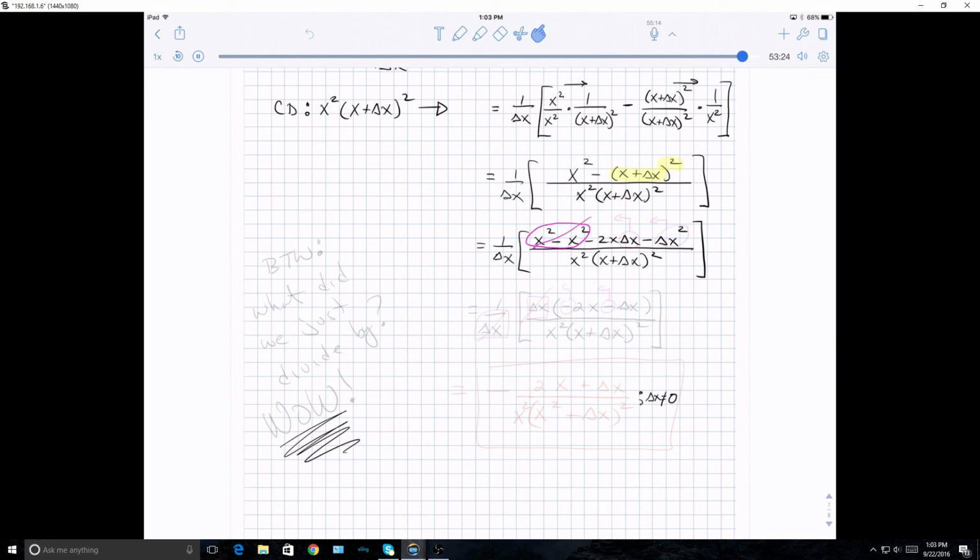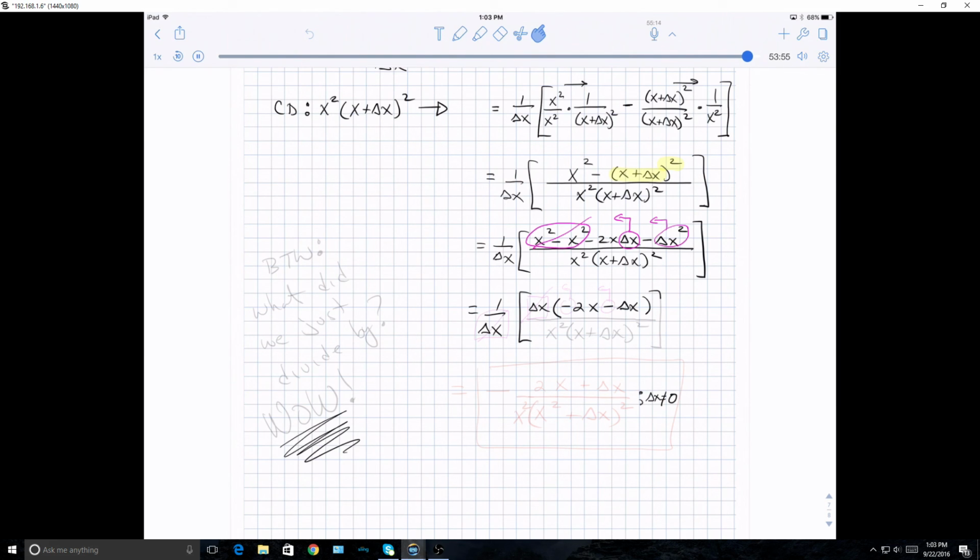The x squared terms cancel out, and we can factor out a delta x from each of the remaining terms in the numerator. So that means that we have 1 over delta x times, well, that looks like delta x times negative 2x minus delta x.